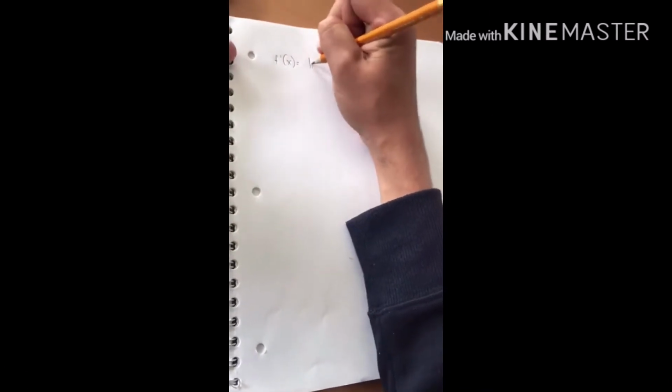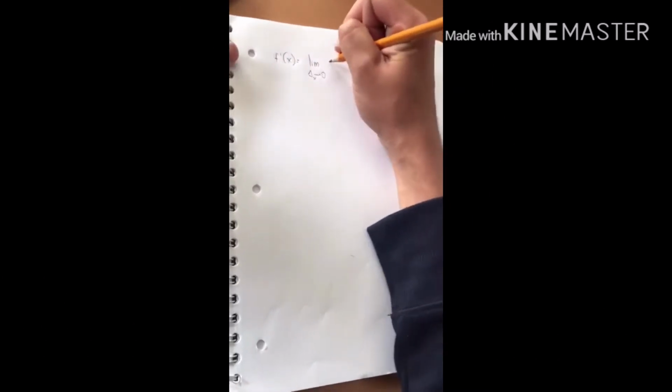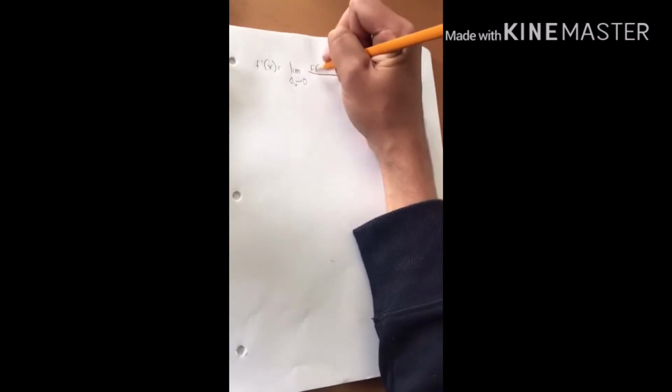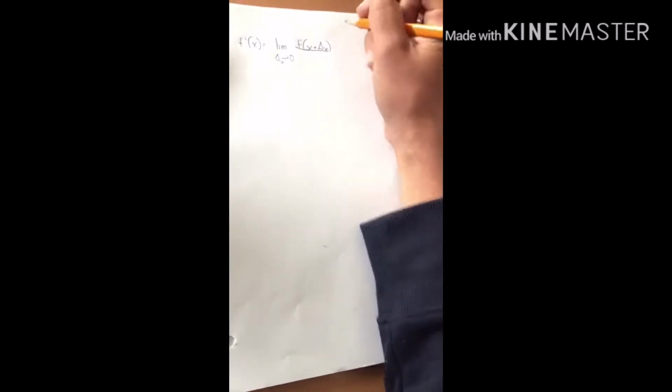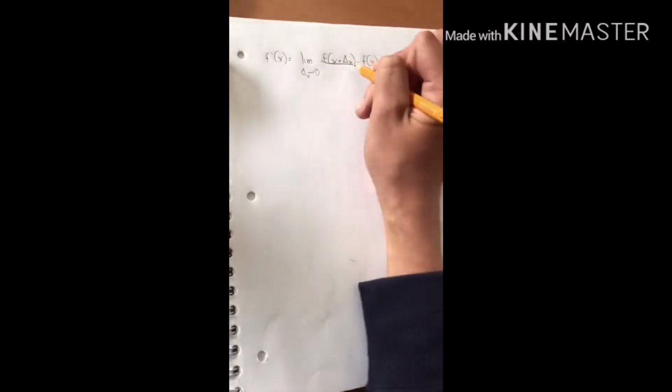It's equal to the limit as the change of x tends to 0 of the function of x plus the change of x, minus the function of x, divided by the change of x.